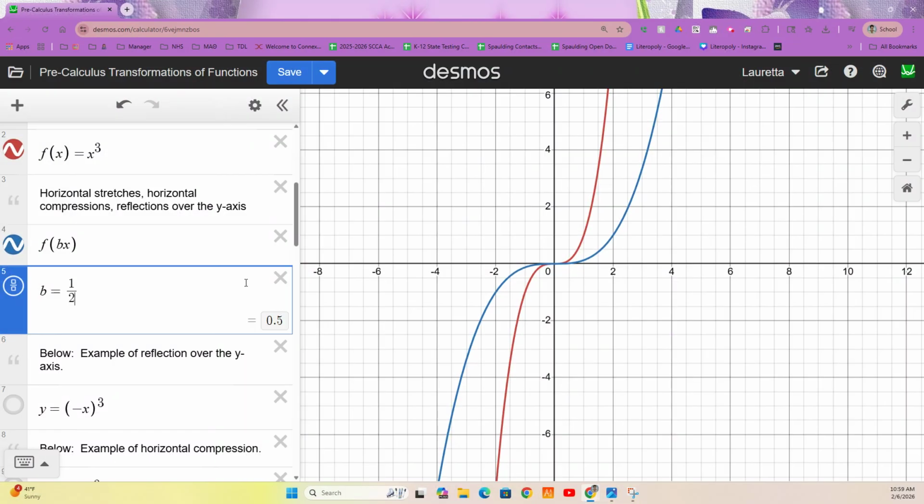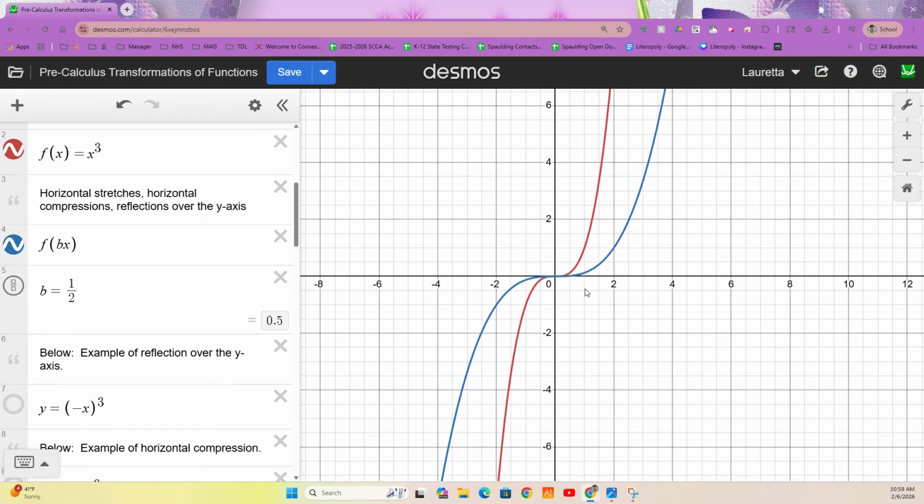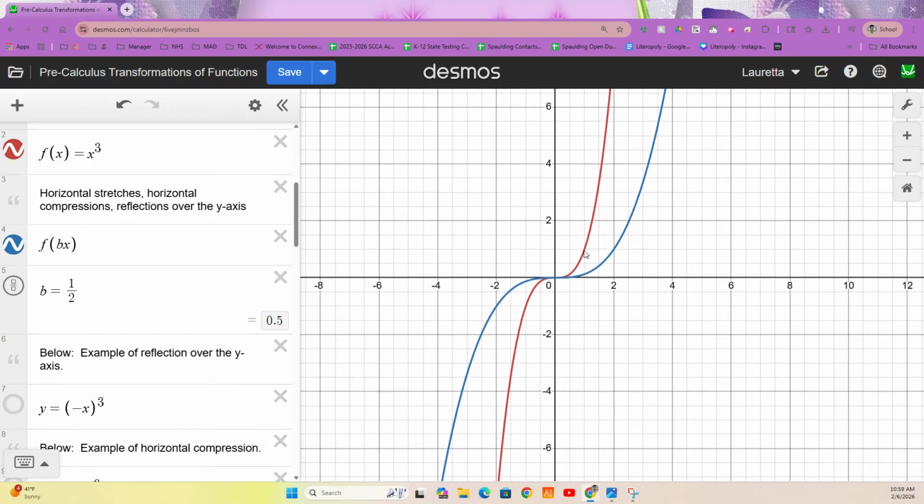So let's talk about some points on the original parent function f of x equals x cubed compared to our transformed function. So we have the point 1, 1 on the parent function, but for the same y value, the x value has been multiplied by 2.